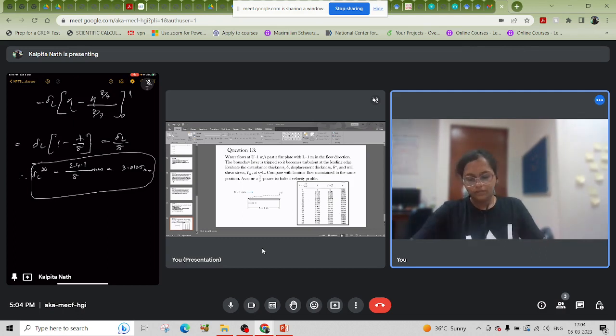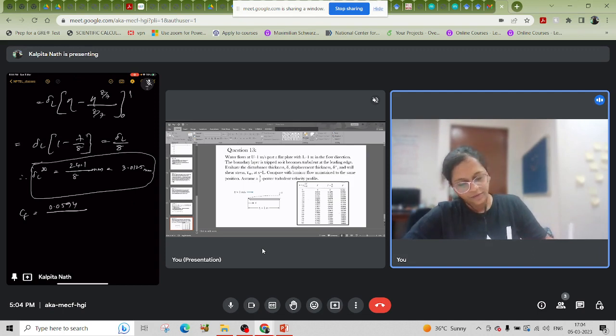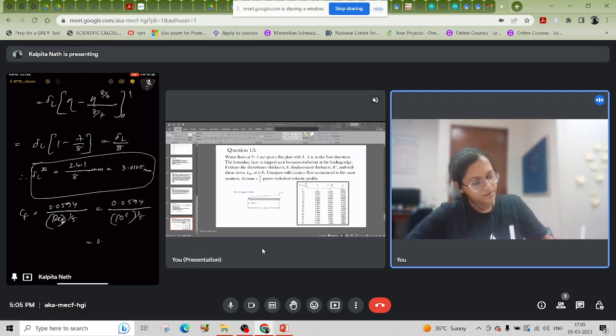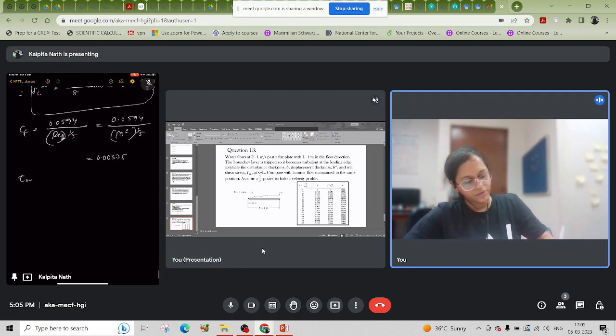Now, the skin friction CF is equal to 0.0594 for turbulent flow, that is this into Reynolds number to the power minus 1 by 5. So 0.0594 by 10 to the power 6 whole to the power 1 by 5. This is 0.00375. So therefore, shear stress we need to find out. This is CF into half rho U square.